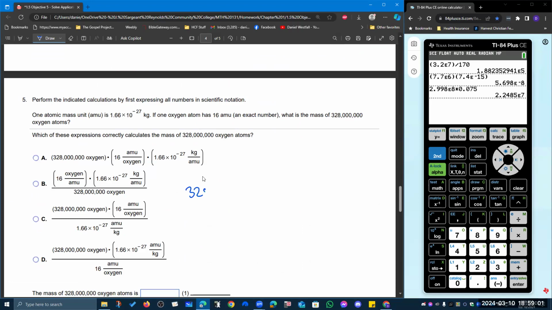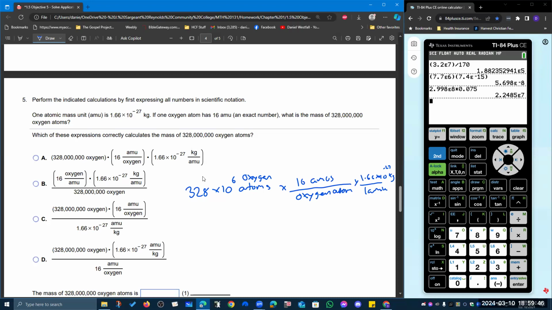So 328, and I'm just going to say times 10 to the 6th oxygen atoms, times 16 AMUs per oxygen atom, times 1 AMU is 1.66 times 10 to the negative 27th kilograms.